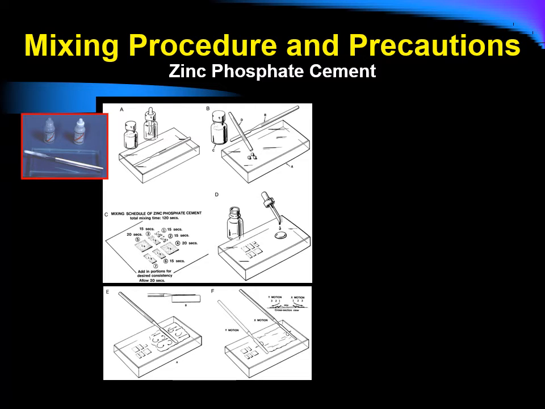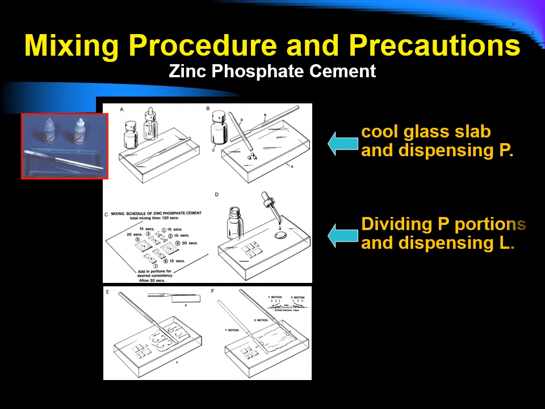The mixing procedure is done using a thick, cool and dry glass slab and a stainless steel spatula. First of all, we dispense the powder at one side of the glass slab and divide it into small increments, 8 increments or more.